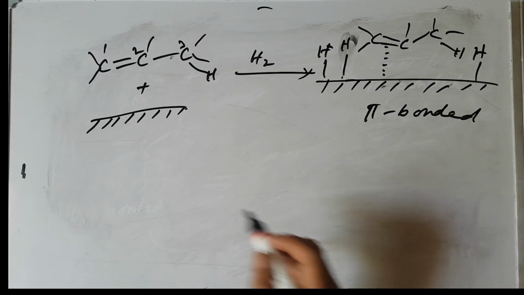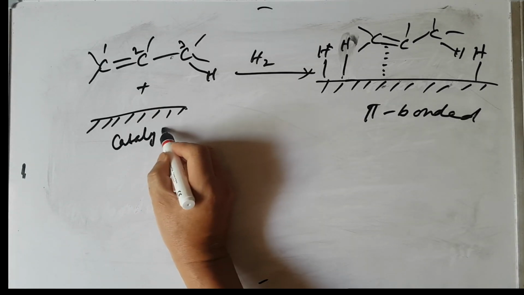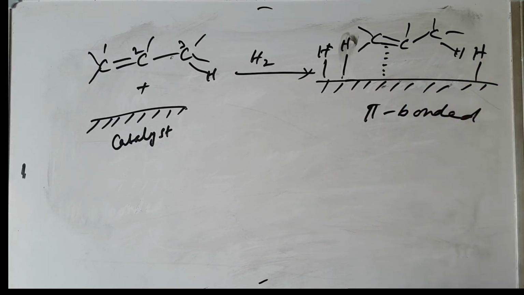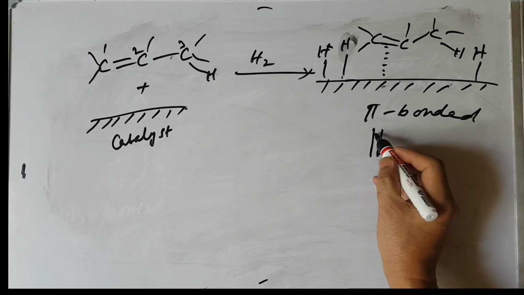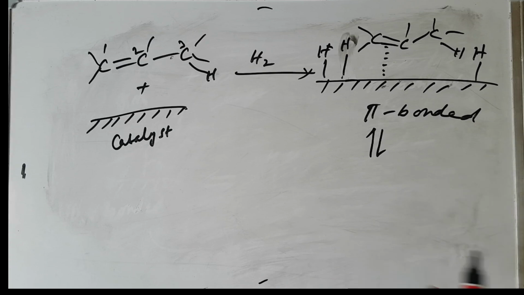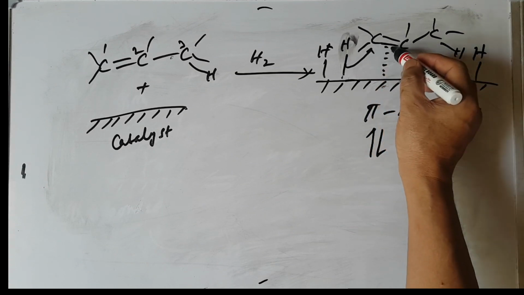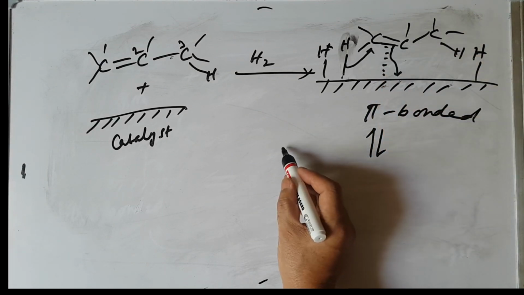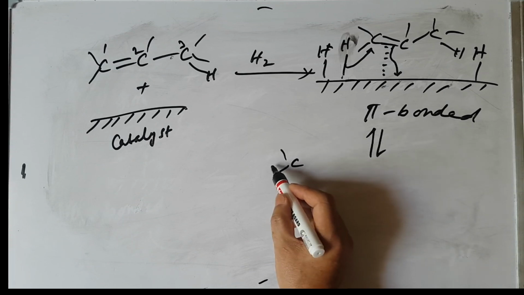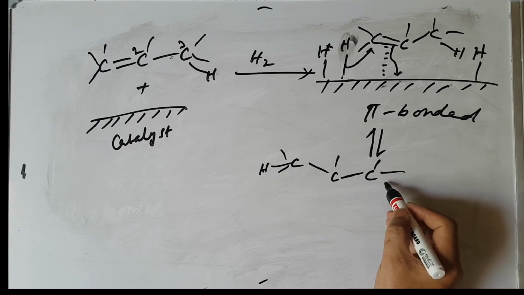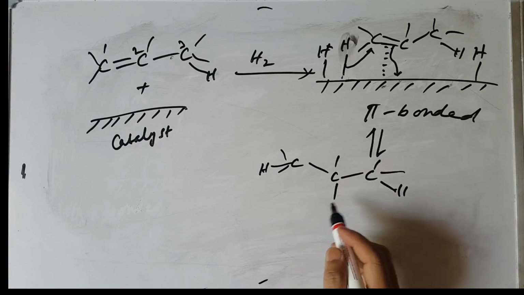Let's see how isomerization takes place. This is the catalyst. When I absorb on the surface of the catalyst, hydrogen is absorbed, as well as the molecule. Now, in the second step, transfer of hydrogen takes place like the earlier case. So you can transfer hydrogen, and you get a sigma bonded intermediate, with hydrogen here, and sigma bonded.